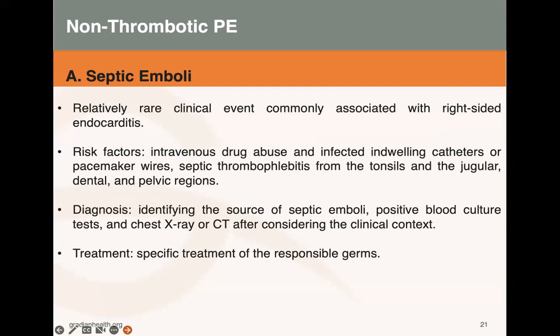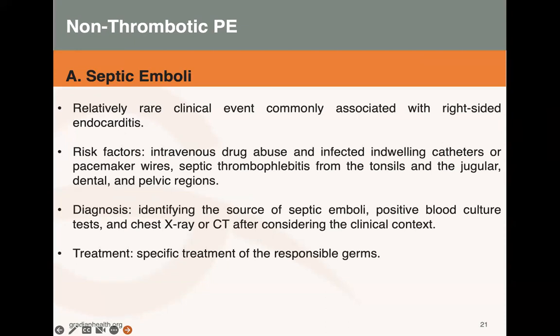One of the non-thrombotic pulmonary embolisms is septic emboli. This is a relatively rare clinical event commonly associated with right-sided endocarditis, so it happens most commonly in patients with endocarditis. The risk factors are intravenous drug abuse, infected indwelling catheters, or pacemaker wires, but it can also arise from septic thrombophlebitis from the tonsils and the jugular, dental, and pelvic regions.